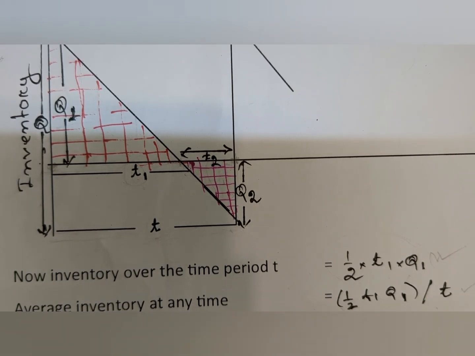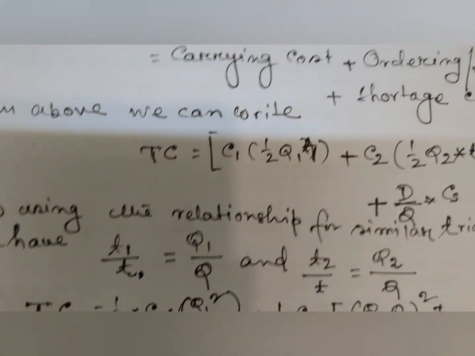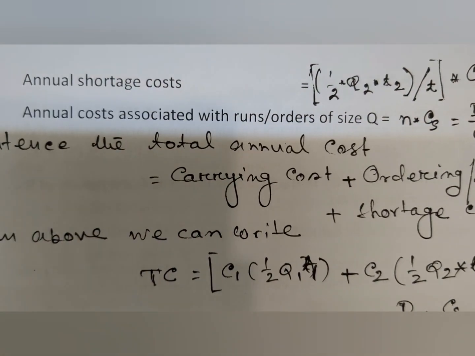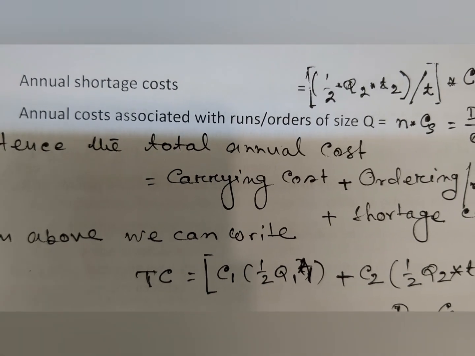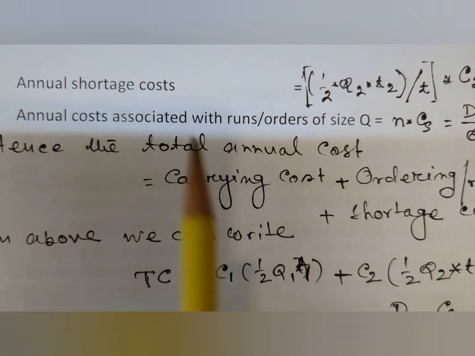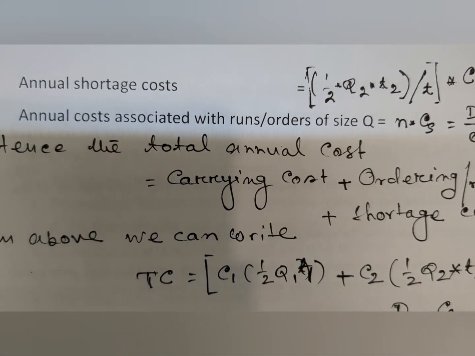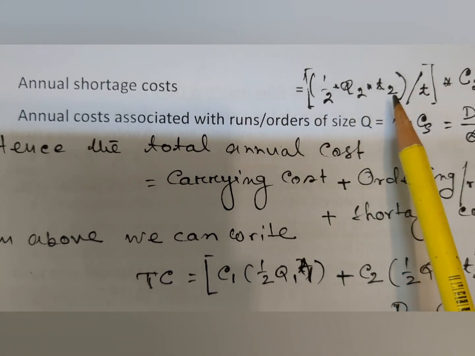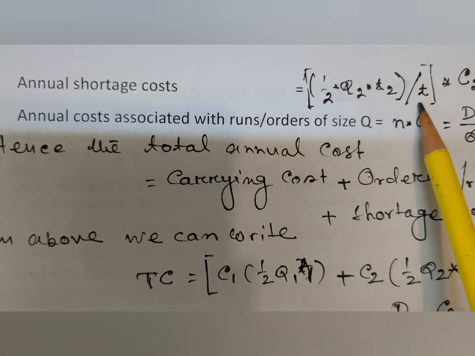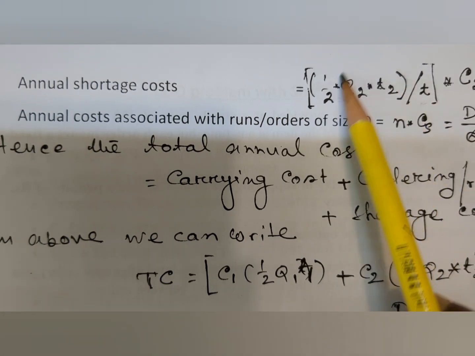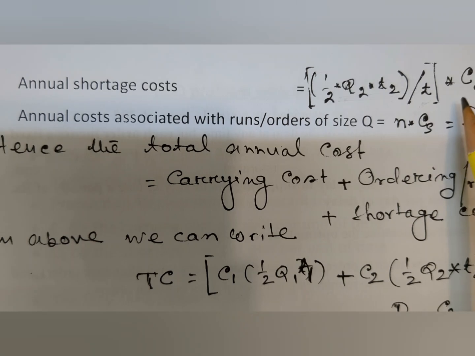I think up to this is clear. Now next, annual shortage cost. What will be the annual shortage cost? Annual shortage cost is equal to half into Q2 into T2, the total area of the shortage, divided by T to find out the average, and it is multiplied by C2.